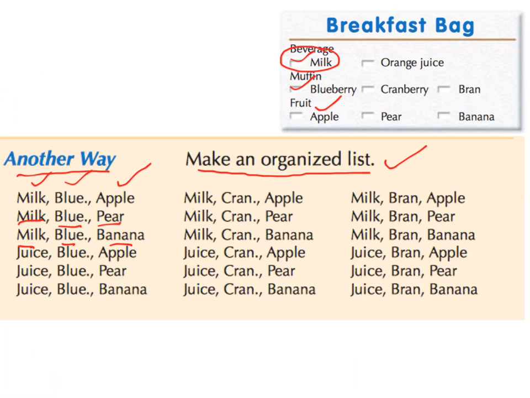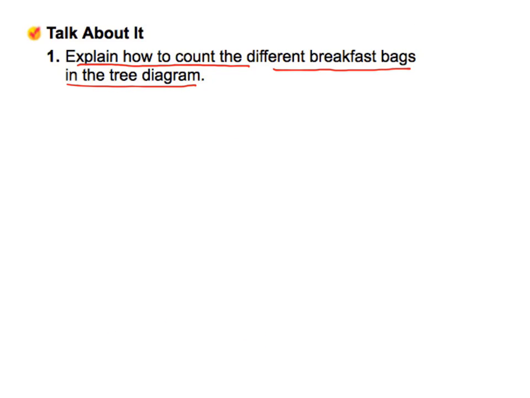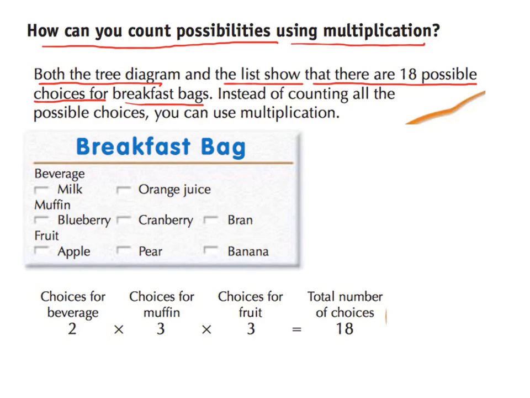Similarly, over here, if you count, you have 18 choices to make. And now we can use multiplication. Instead of counting all the possible choices, you can use multiplication. How do we do that?